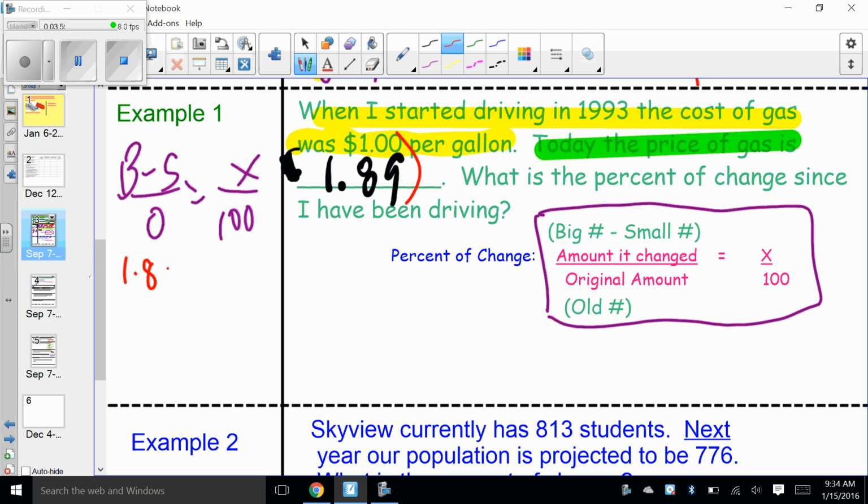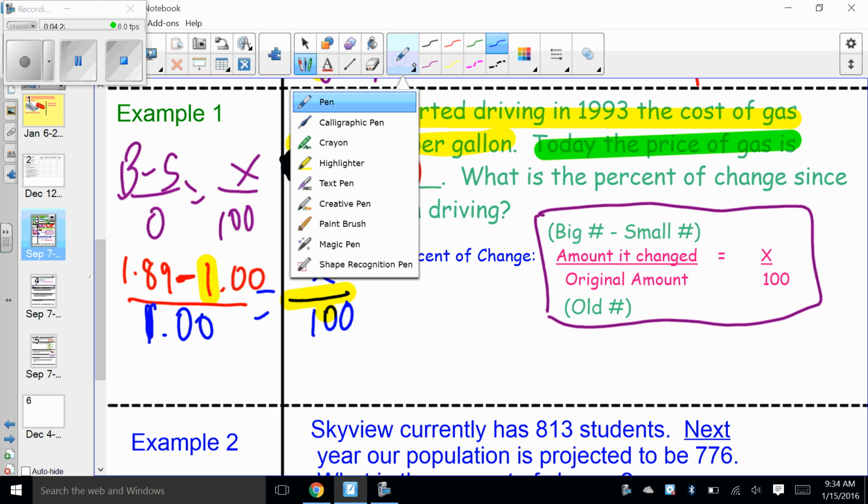So we have $1.89 minus the small number, which is $1, over the original number, or what happened first. What happened first was $1, because when I first started driving it was $1. That happened first over the course of time, so $1 is the original number because it happened before today. And this is just a percent on this side.